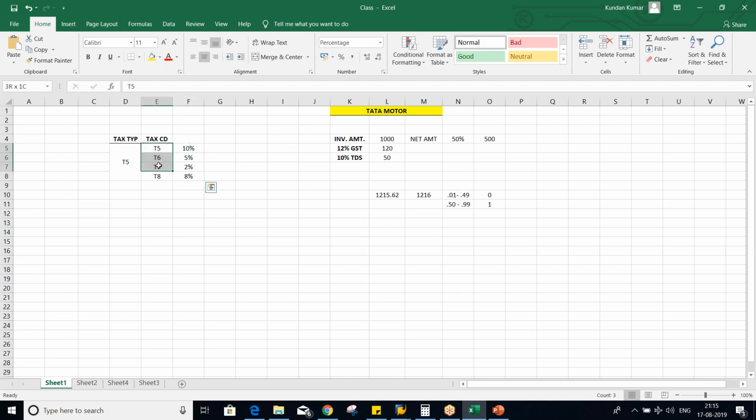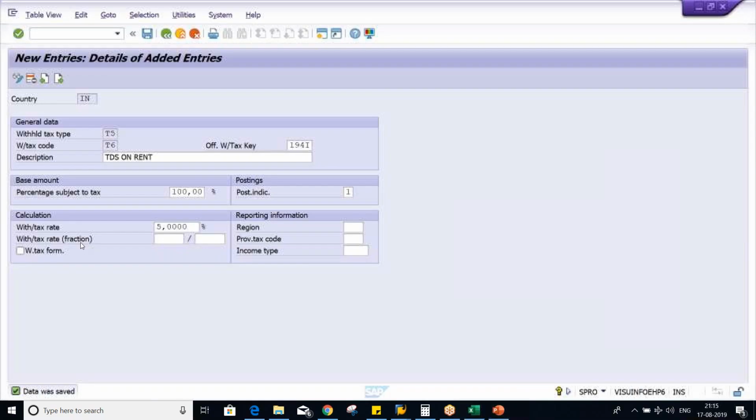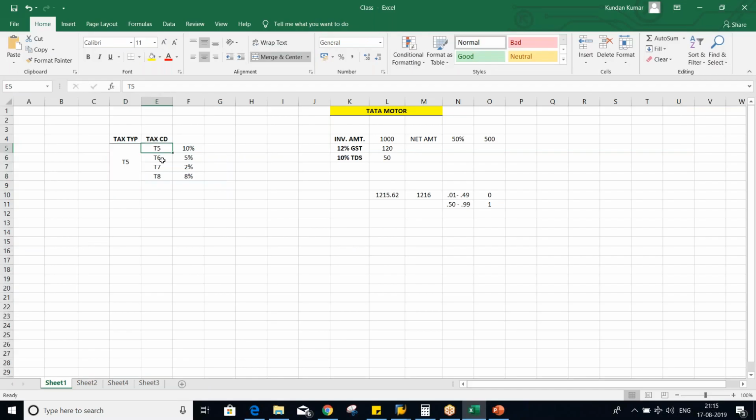But since all the tax codes have been set up against a particular tax type, the base amount for tax calculation will be the same. If I'm going to select, look at here, I'm having P6. So at tax type level, if you select net amount for this tax calculation, then whichever tax codes are there, for every tax code the same setting is applicable.